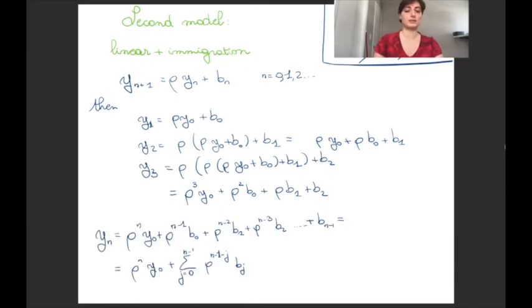If you keep doing this trick, you can compact the notation by writing that y_n is equal to rho to the n times y_0, that is the growth of your population independently of the immigration, plus a term that depends on the immigration. That is b_j, the immigration at time j, multiplied by rho to the n minus 1 minus j. And we're summing from j going from 0 to n minus 1.